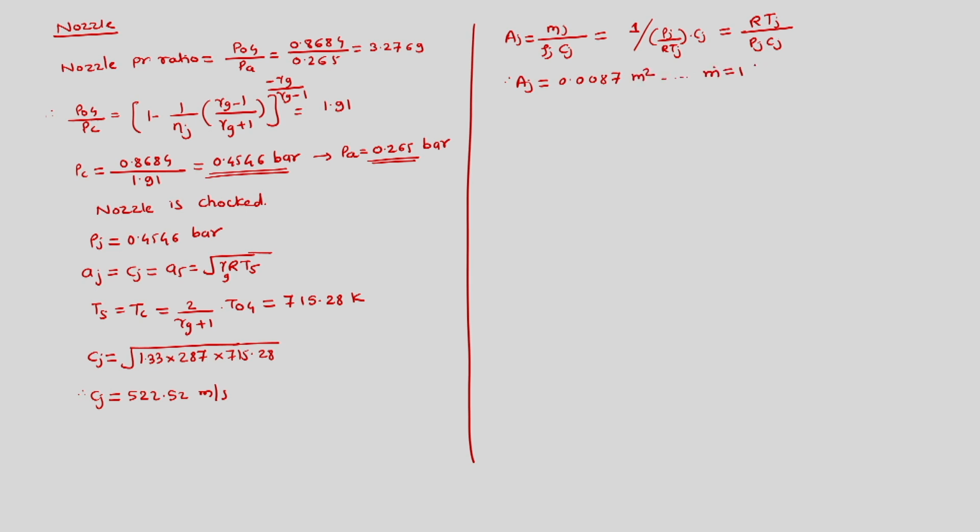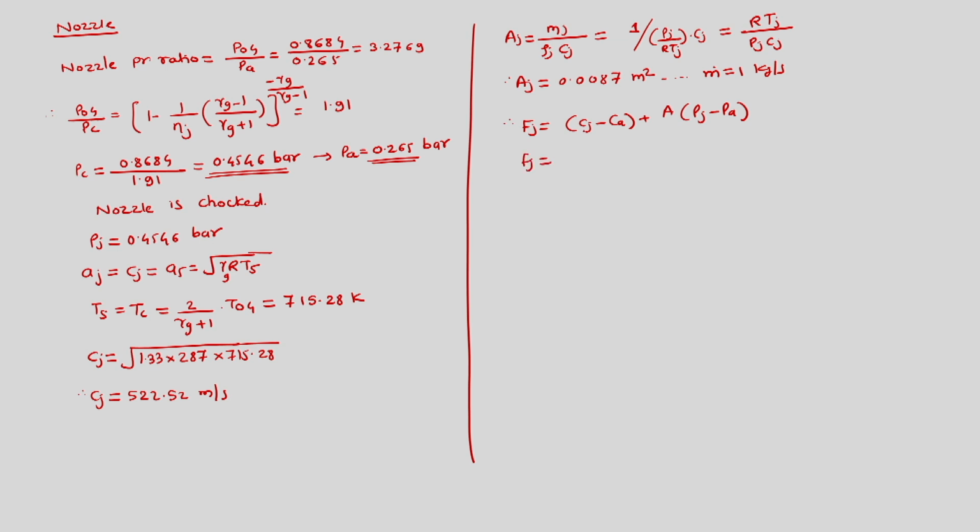Assume m dot is equal to 1 kg per second. So for unit mass flow rate, thrust can be calculated as Cj minus Ca plus A divided by mj, which is rather area per unit mass flow rate, into Pj minus Pa.